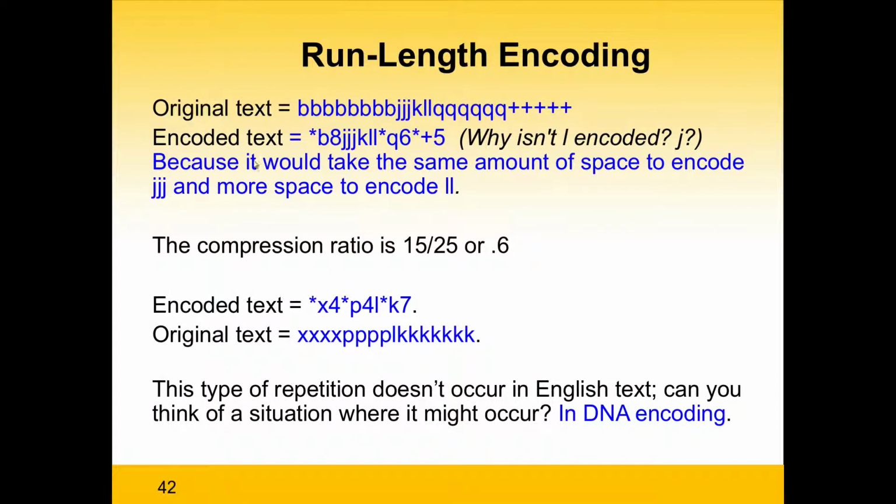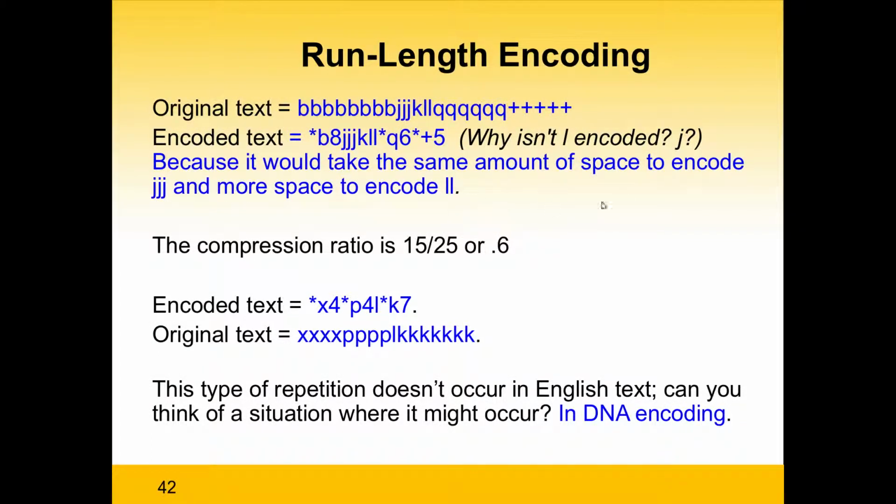So if this is the original text, for instance, B, B, B, B, B, B, B, B, J, J, J, K, all that, the encoded text will be something like star, that's the flag, character B, 8 times, and then J, J, J. Now why isn't the J encoded?